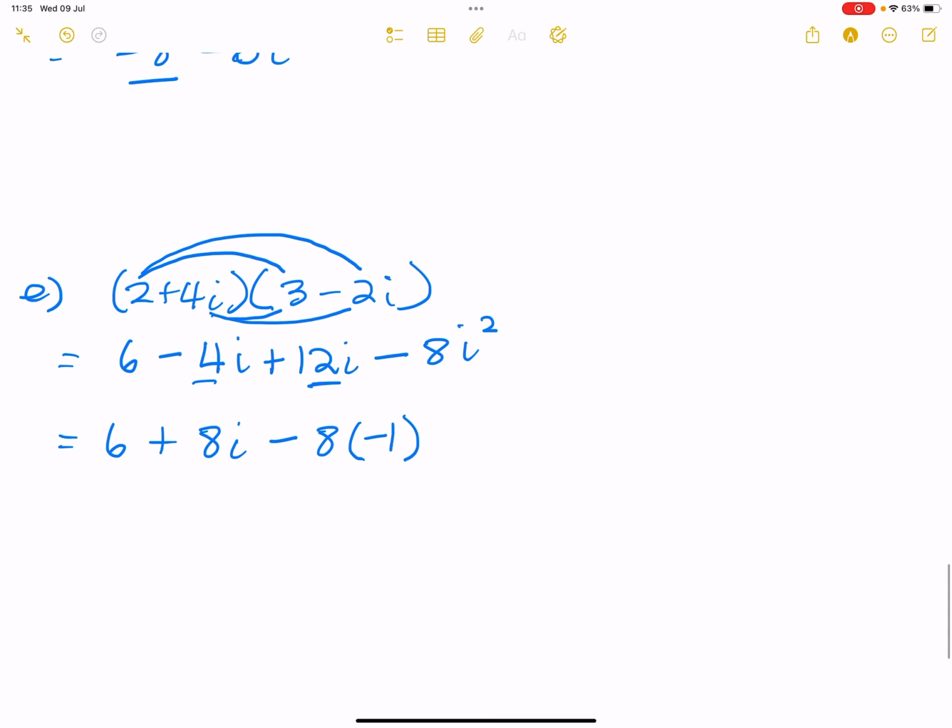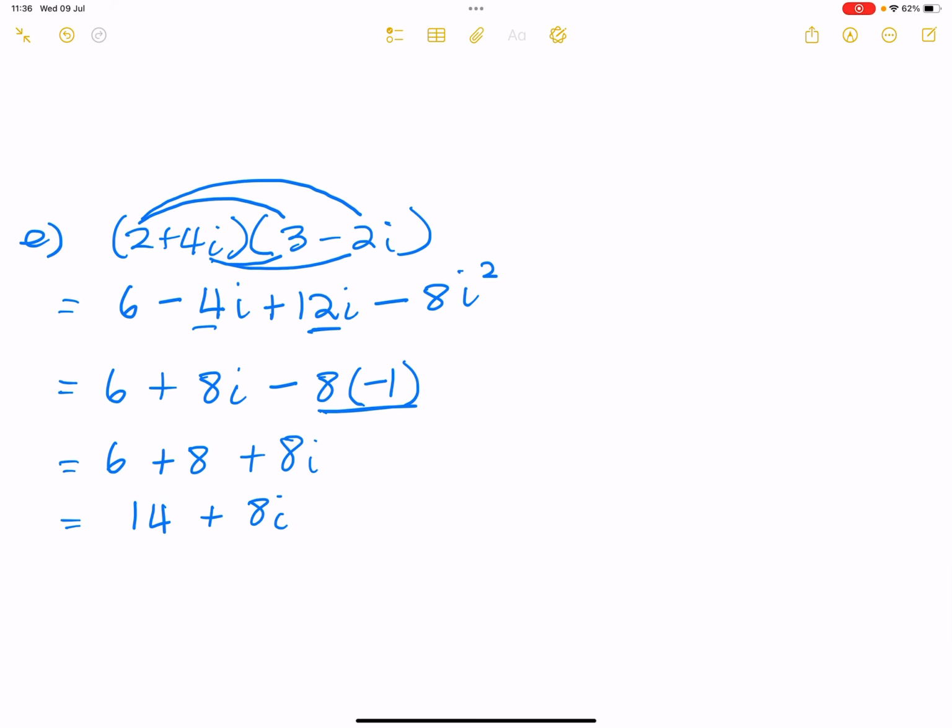And so finally, ladies and gents, you've got 6, right, negative 8 times negative 1. That will give us positive 8. And so 8 plus 6, this will give us 14, plus 8i. All right, awesome stuff, ladies and gents. That's the real part and that's the imaginary part of this.